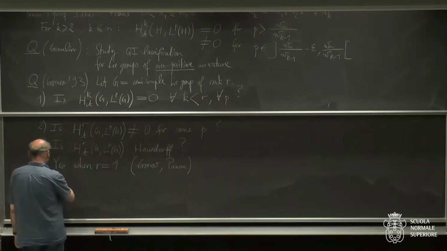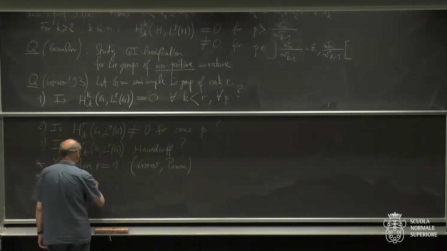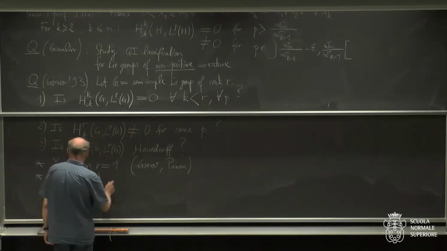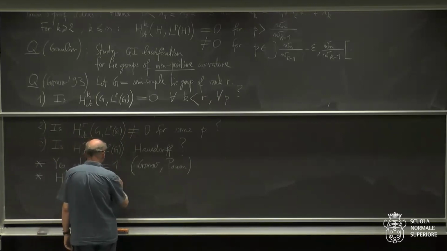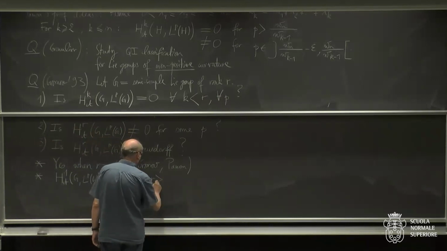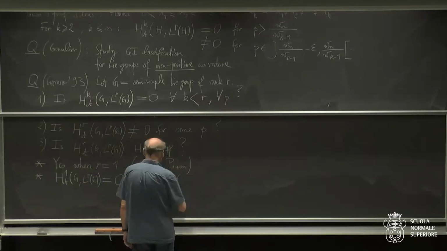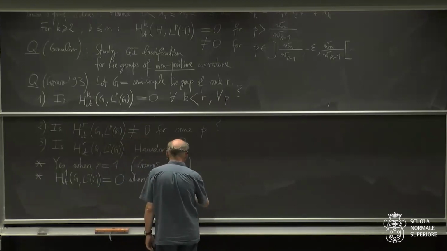So what is known also is that the continuous cohomology of G in degree 1 always vanishes when the rank is at least 2. Again, it is done in Pansu's paper.